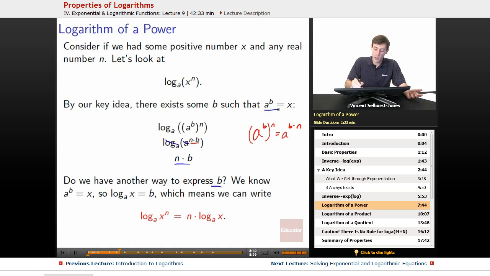Well, from the beginning, we know that a to the b equals x, so we could write that in its logarithmic form, and we'd show that log base a of x is equal to b. So log base a of x equals b because a to the b equals x, right?